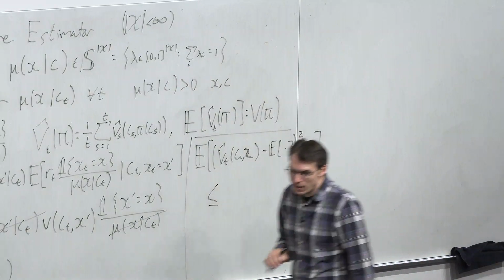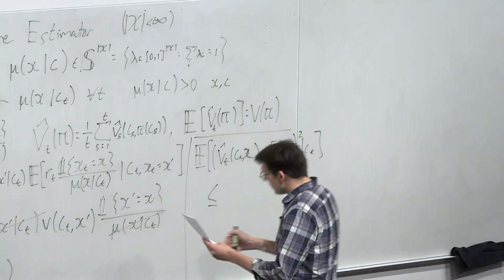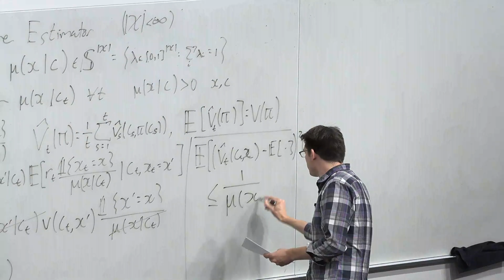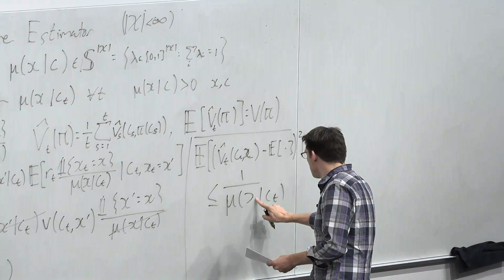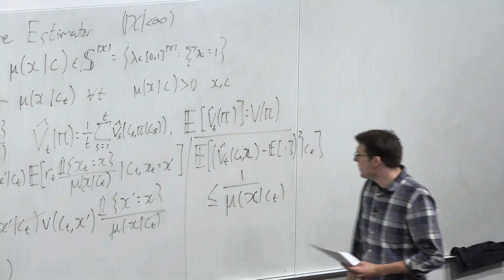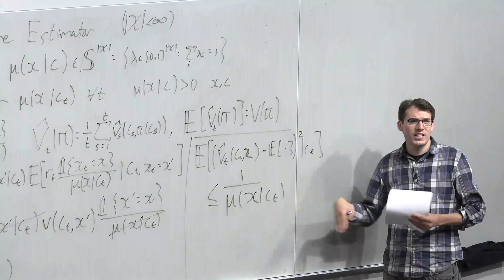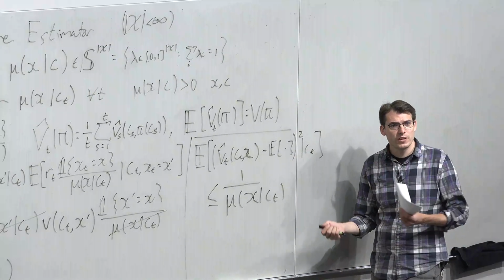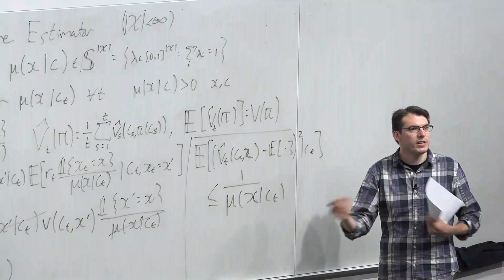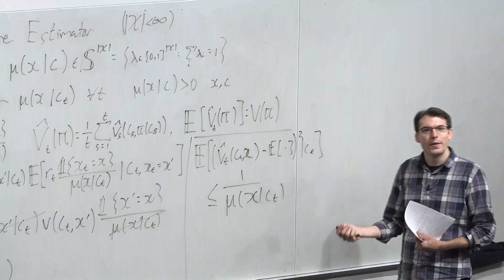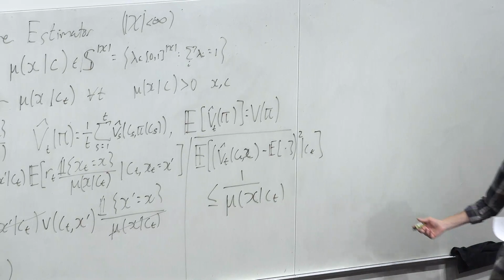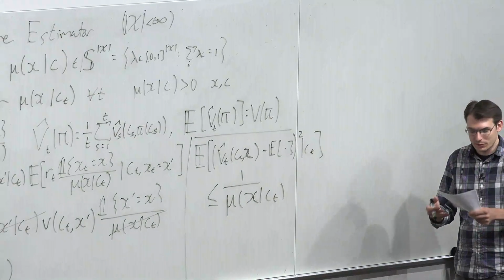This variance, turns out you can show, is less than or equal to 1 over mu of x given c_t. Meaning that as mu gets very small, the probability of taking any action gets very small, your variance explodes. So you have to be very careful. You can't just let these probabilities go to 0. You have to keep playing actions even if you don't think they're doing so well. But you still have to balance this idea of exploring, putting enough weight on all your actions, with exploiting, of I want to actually get high reward policies.